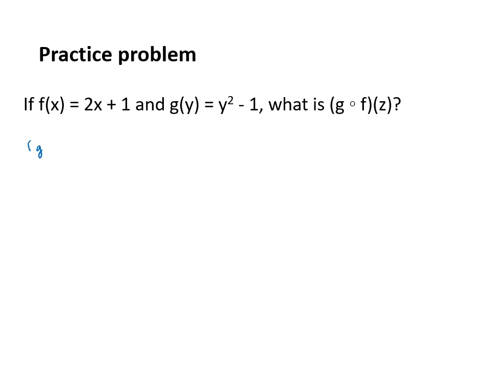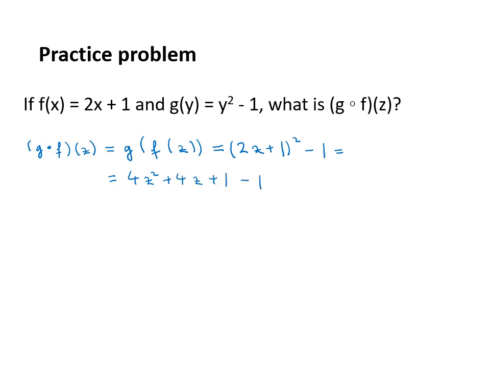So g circle f of z is equal to g of f of z, and then is equal to, so first we have to apply f to z, so that's 2z plus 1, and then we plug this into g, so we get this squared minus 1, that is equal to 4z squared plus 4z plus 1 minus 1, and that is equal to 4z squared plus 4z.